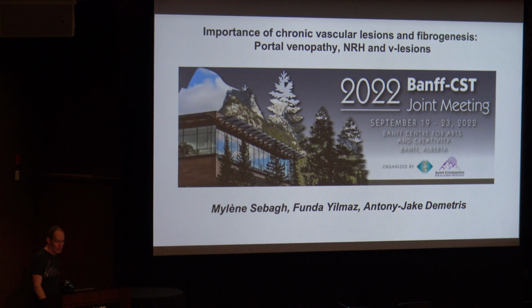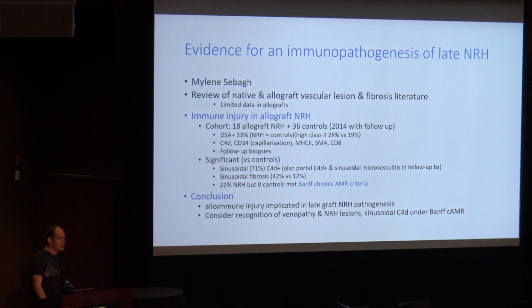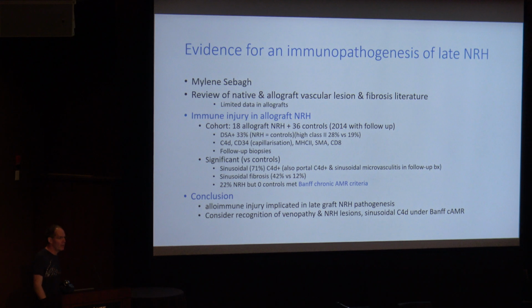So the next presentation from that group was Milen in a different session, looking at NRH, nodular regenerative hyperplasia, in very long-term surviving liver allografts. Her centre has protocol biopsies for allografts going out to 20 years and more, which is an almost unique data set.